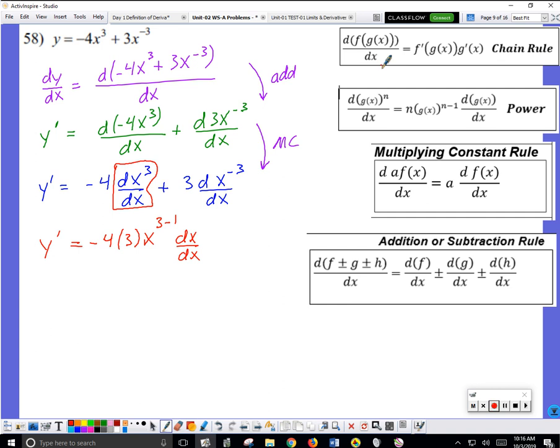Which one fits? Well, the only one that actually fit was this, because the constant is -4, and f in this case would be x cubed. Again, like I said to Gracie, as you're using the rules, you just temporarily think of x cubed as being f. Once you've used the rule, just forget that. When we get to here, now f is the x to the -3.